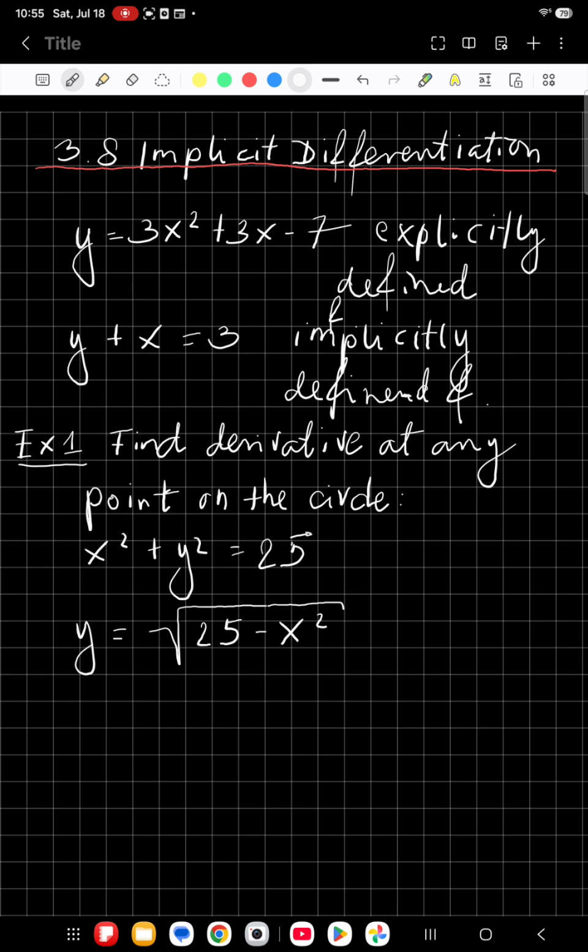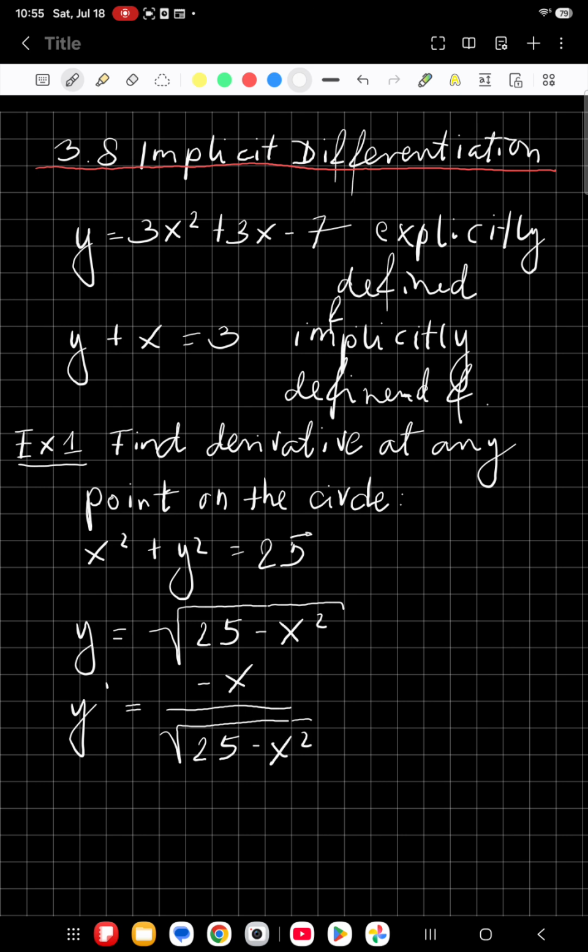Then we took a derivative of this, and I'm just going to write the solution. The solution was minus x over the square root of 25 minus x squared.